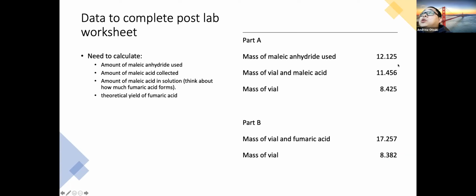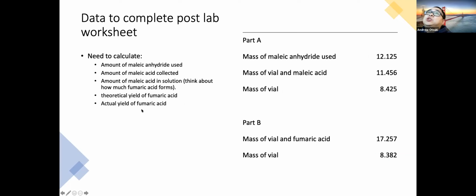When you're calculating theoretical yield, you have to start from the beginning because we made maleic acid from maleic anhydride. And since maleic acid was used to form fumaric acid, you need to take into account the initial mass of maleic anhydride that you used. That is going to help you calculate the theoretical yield for fumaric acid.